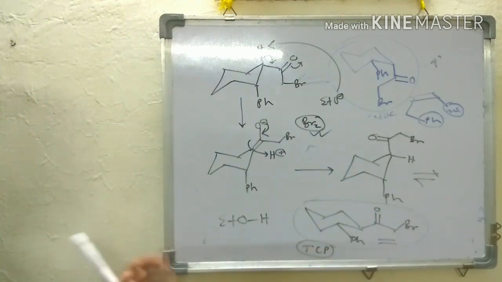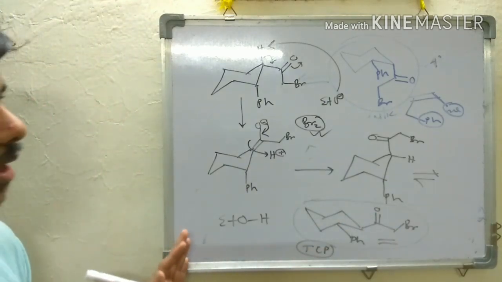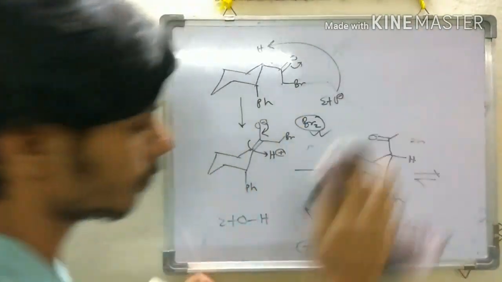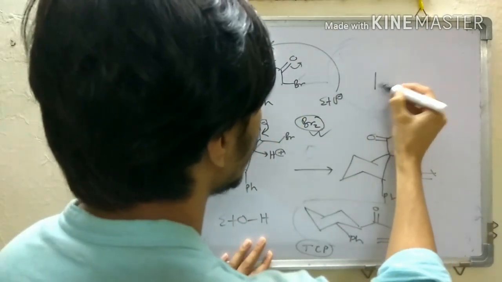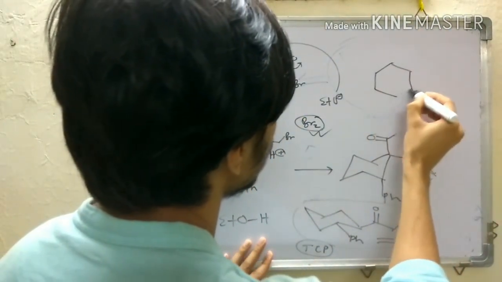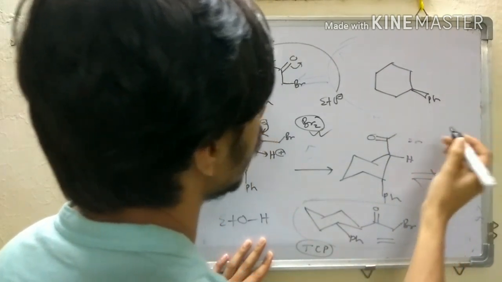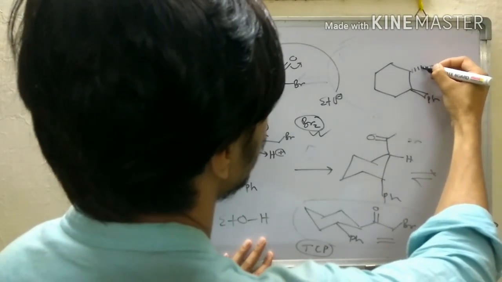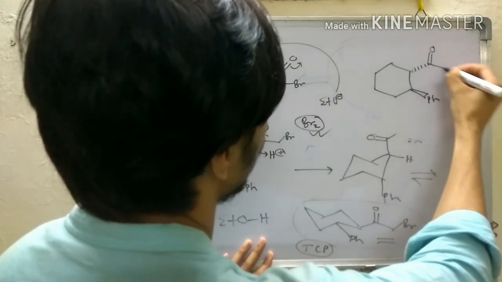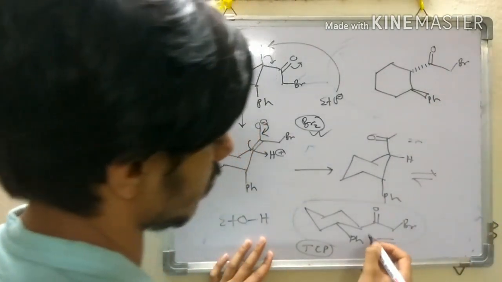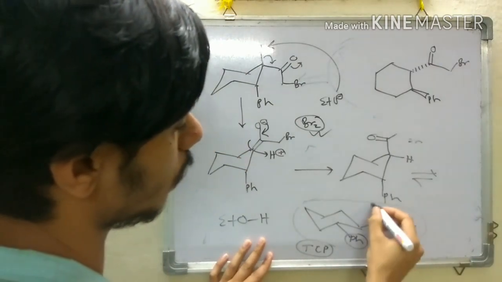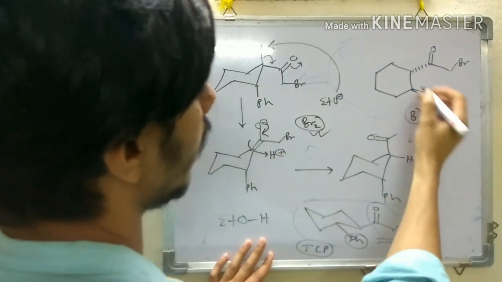So the conclusion is that in your product, you will get this one. So if your phenyl group is up, then this group will be down, because they are trans. In your final product B, they are trans.